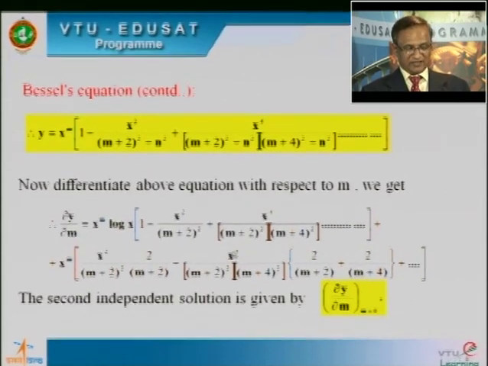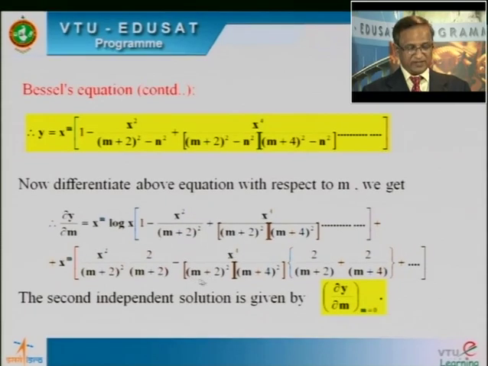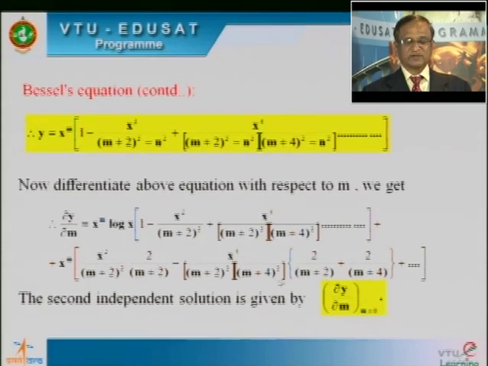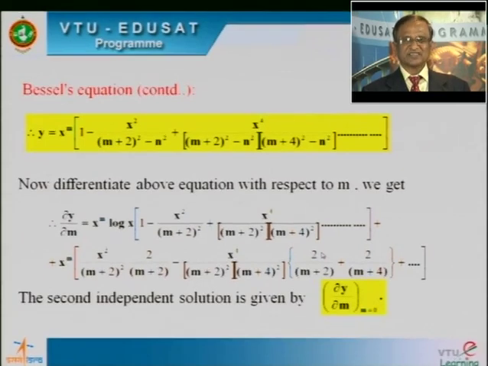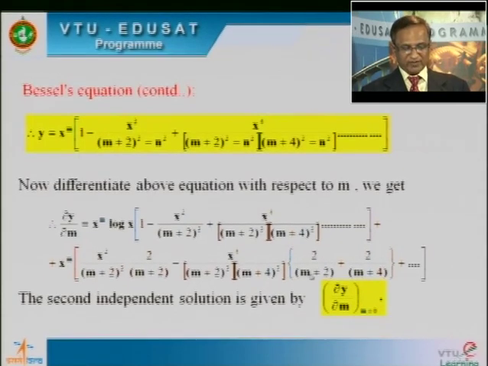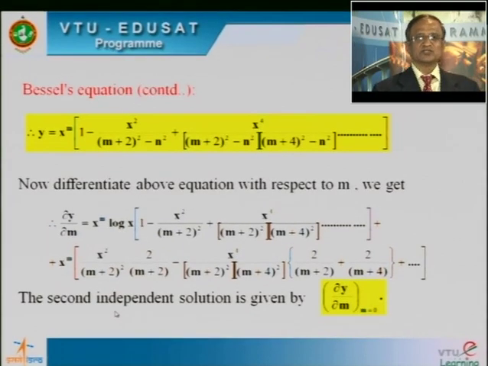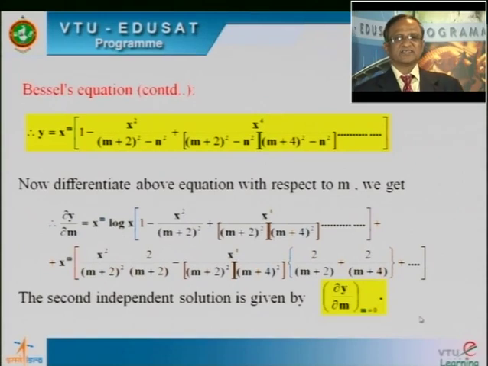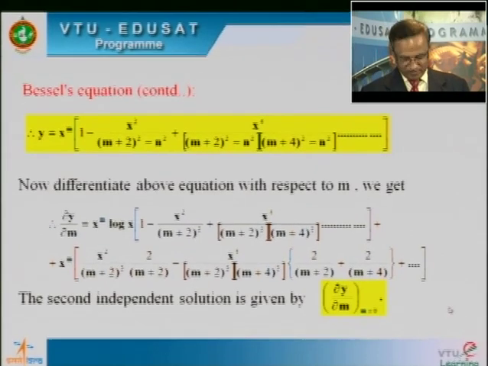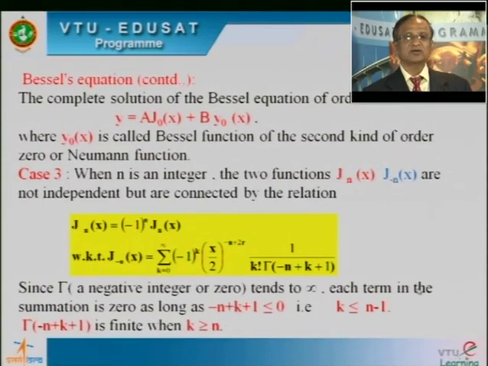I can obtain x raised to 4 divided by (m+2) whole square (m+4) whole square into the bracket. After simplification, I hope you may obtain 2 divided by (m+2) plus 2 divided by (m+4) and so on. It means the second independent solution is given by the partial derivative of y with respect to m at m equal to 0.